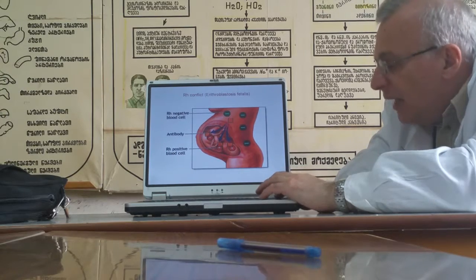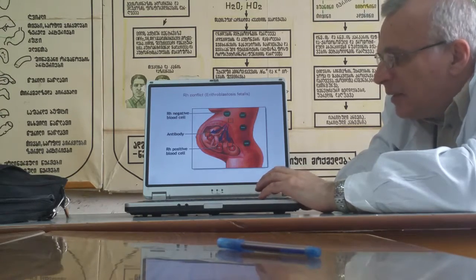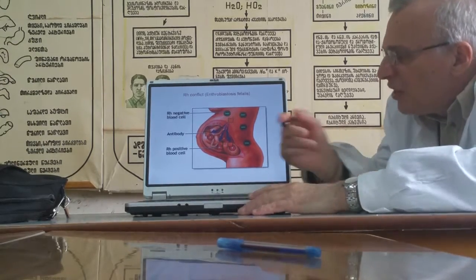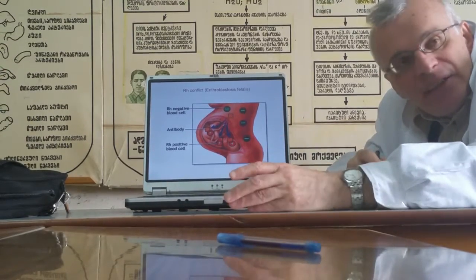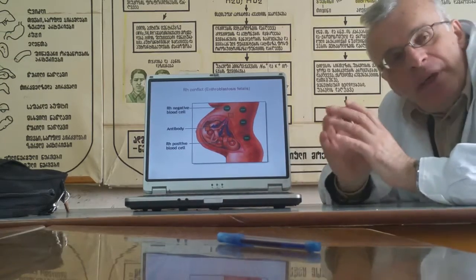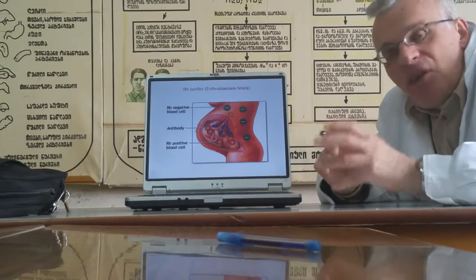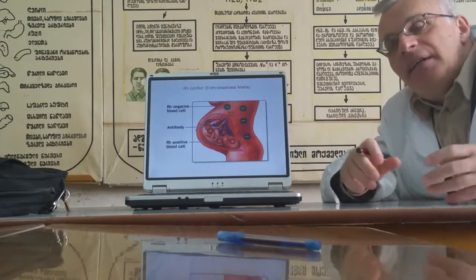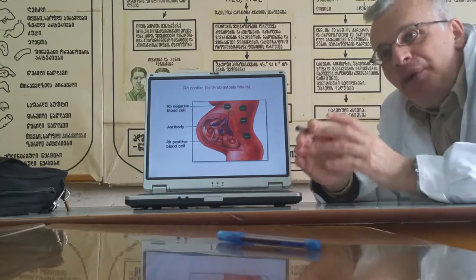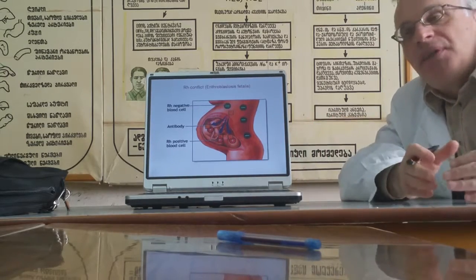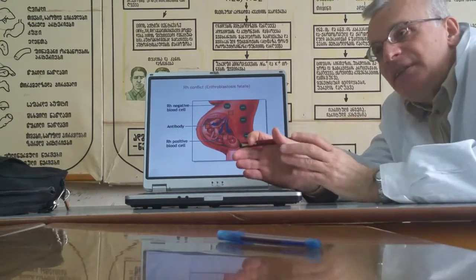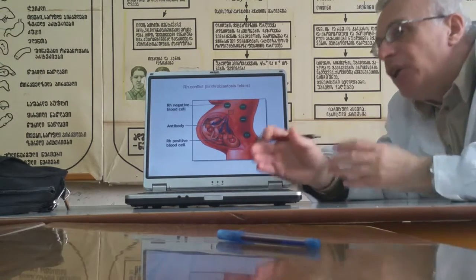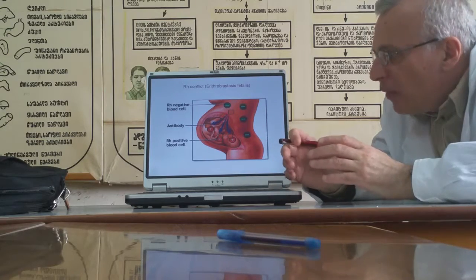Why is the rhesus factor dangerous? It is especially dangerous for pregnant women. Usually we have to do typing of blood for recipients, and we have to know what group the donor is, what group the recipient is, and whether rhesus is present or not.